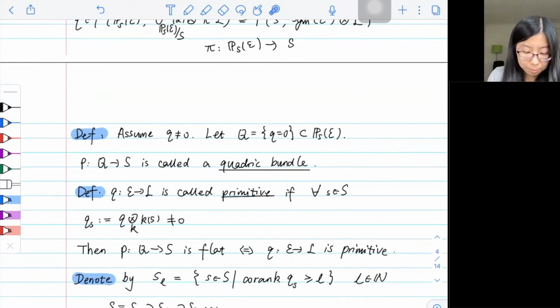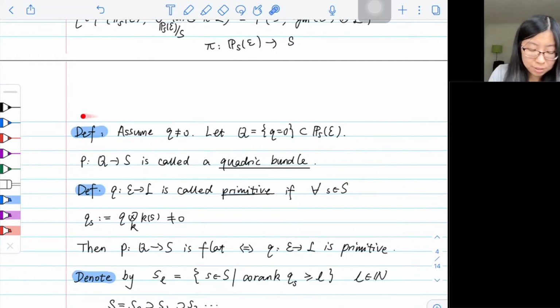In this case, this bundle is flat if and only if the form is primitive. So you can rest assured that in most cases, the bundle you get is flat. The reason that I use this definition is that in this work, I will actually try to look at fibers with bad singularity, and in the process, we may encounter a quadric bundle that is not flat.